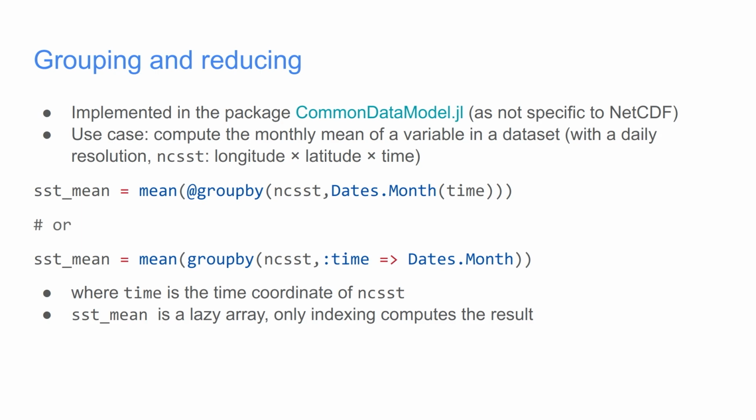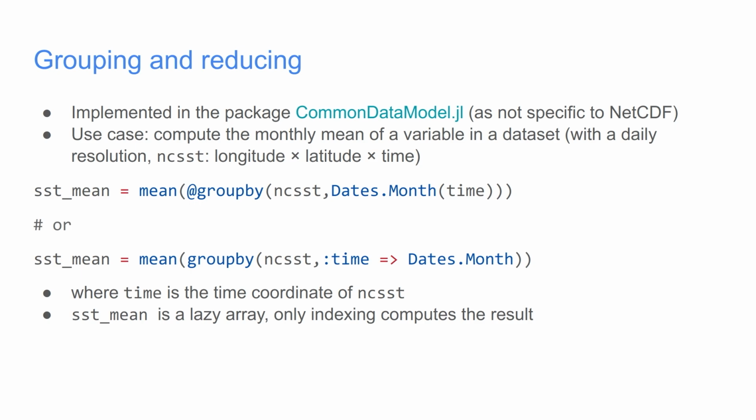What we also started to implement in CommonDataModel, because it's not really specific to NetCDF but is also available to NCDatasets, is that you can group the data and reduce the data. That's often called split, apply, combine, in the case of data frames. So you can split your dataset using some criteria, or group your dataset, and then reduce it.